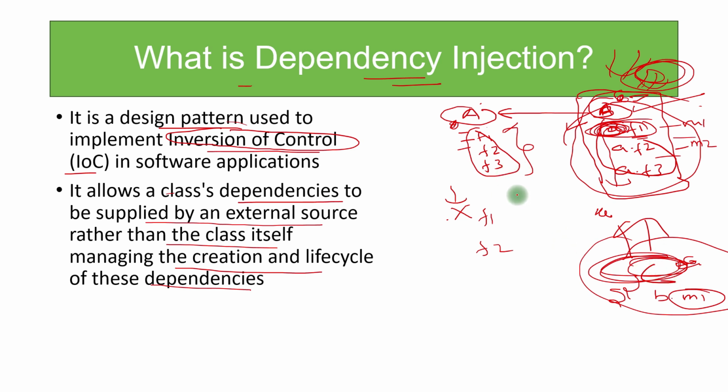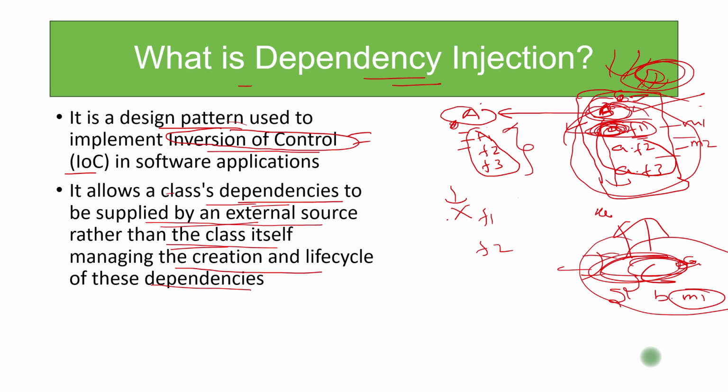This is what we call the dependency injection and inversion of control concept. It allows a class's dependency to be supplied by an external source rather than by the class itself. The class has a dependency, but it will not decide that implementation; it will allow the external source, that is the client, to pass that dependency.